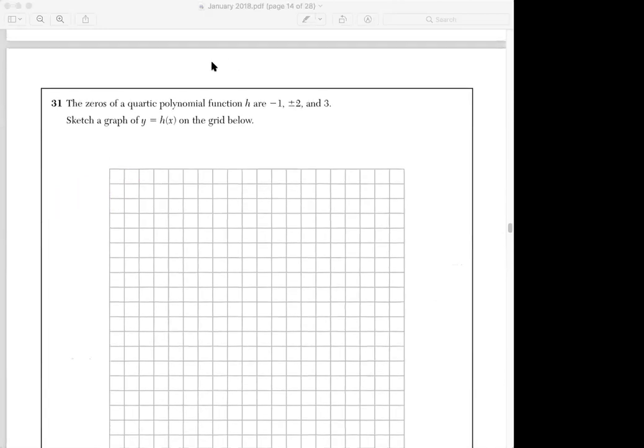Here we do the sketch. Right, the zeros are at -1, -2, +2, and 3. Make it a little neater than that, obviously, but that's how you do it.